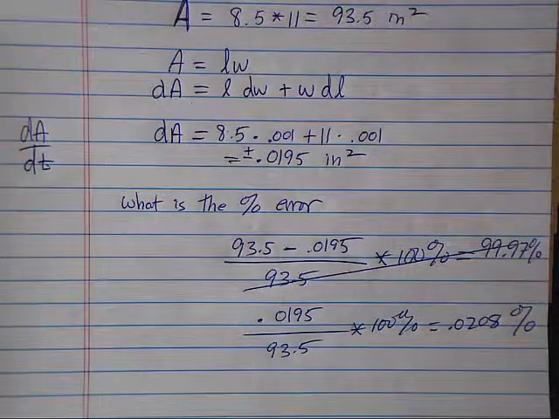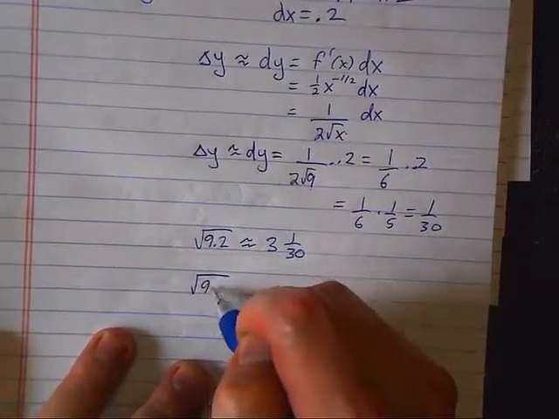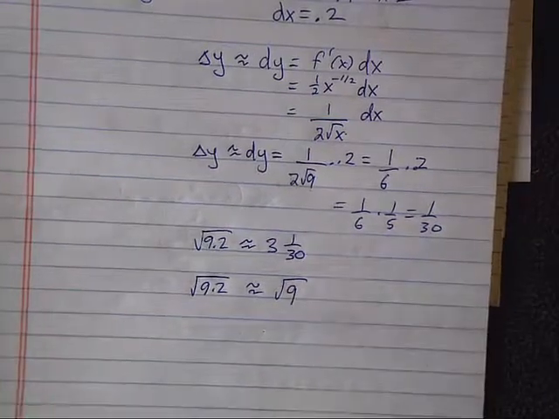Questions? I'm still not understanding how, back to approximating the square root of 9.2, I still don't understand the answer. The answer? All right, well, we know the square root of 9.2 should be close to the square root of 9, right?